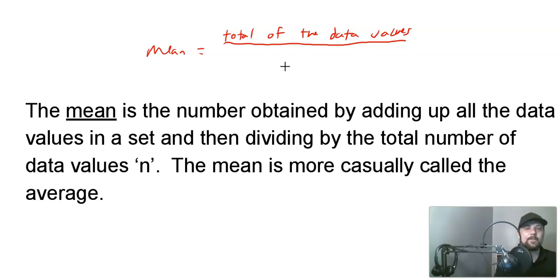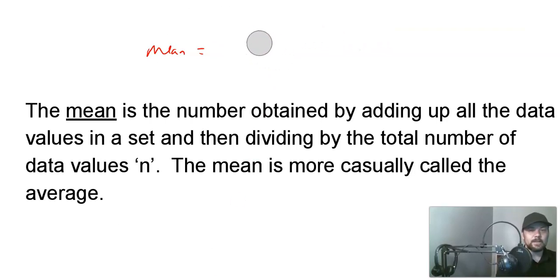The total of the data values. Does that mean the total number of data values, or does it mean... So maybe I should be a little more careful about that and not say total of the data values, because that really could be taken to mean a couple different things. So we would add up all data values. Let's word it like that.